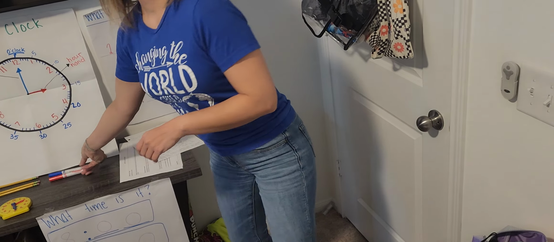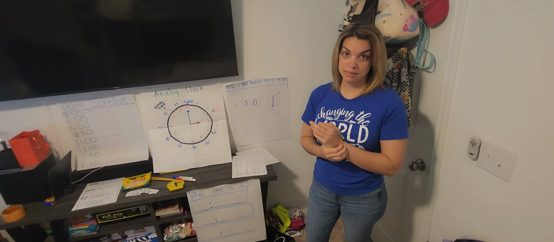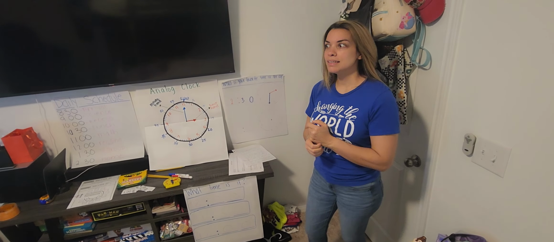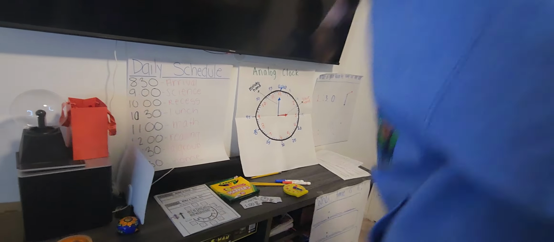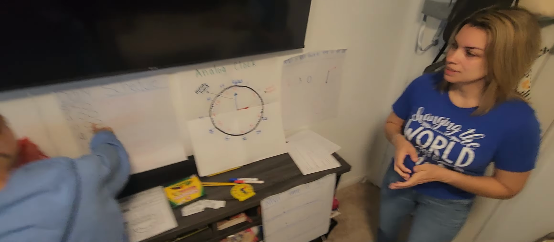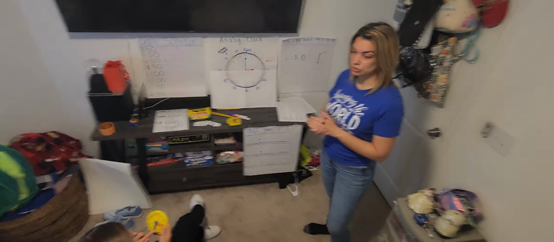Great job. Danny, would you like to come and show me what your favorite time of the day is? Yes, I would. All right, Danny. Recess. Recess is Danny's favorite time of the day. So, Danny, will you show me what you think 10 o'clock looks like on your clock?